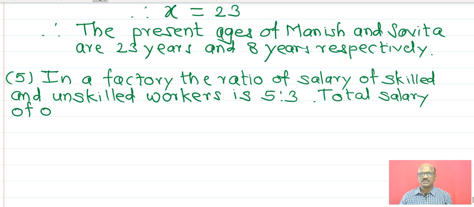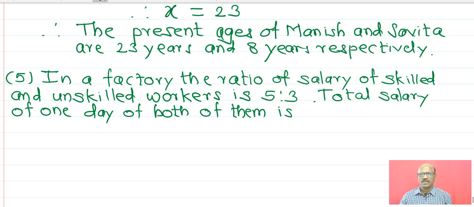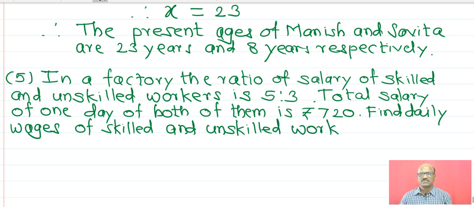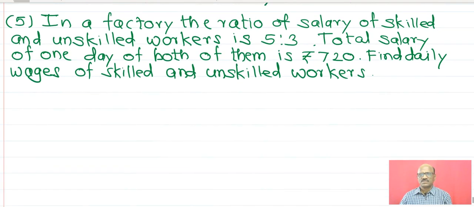Total salary of one day of both of them is rupees 720. Find daily wages of skilled and unskilled workers.